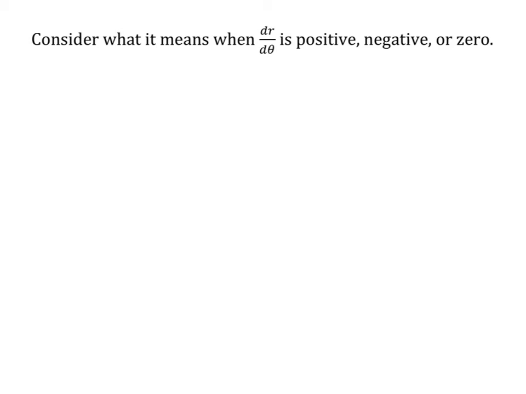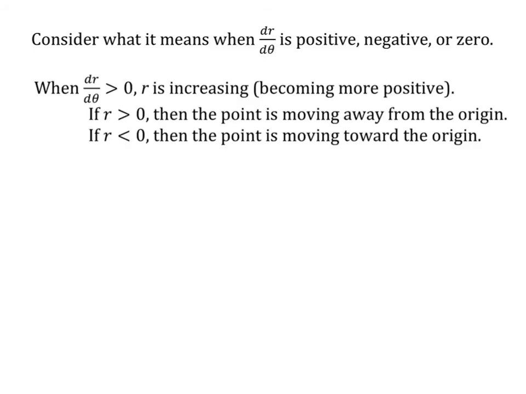Think about what dr d theta means, what it represents, and what it would mean, for instance, if it's positive. If dr d theta is greater than 0, it means that r is increasing, which means it's becoming more positive. There are two different things that can happen. If you have a positive radius and dr d theta is positive, it means the positive radius is becoming even more positive, which means the point is moving away from the origin.